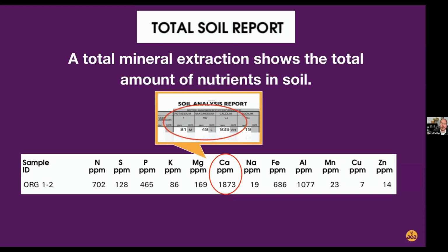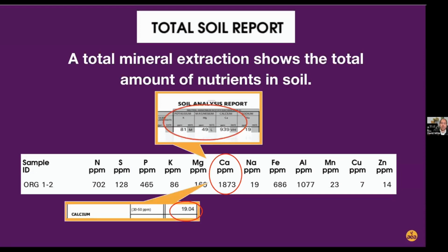If you look at the potassium, though, you see that we only have 86 parts per million total. And we want at least 125 parts per million in the ammonium acetate extraction to grow a good crop. So we have 81. And here we only have 86. So that is telling me we have 5 parts per million in the reserves, if you will, which doesn't sound good.